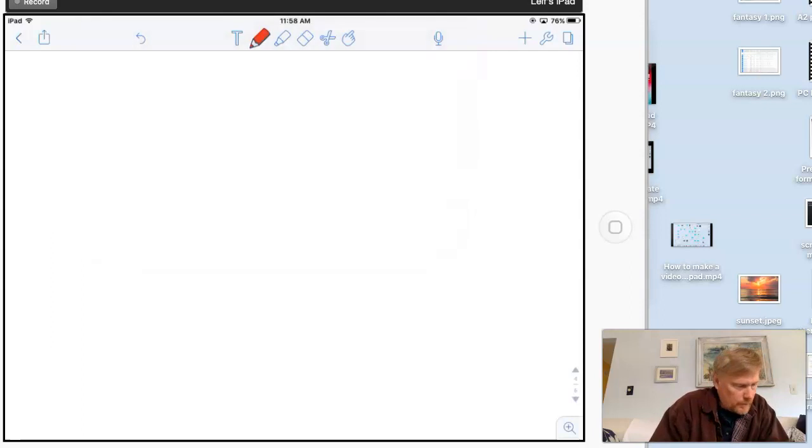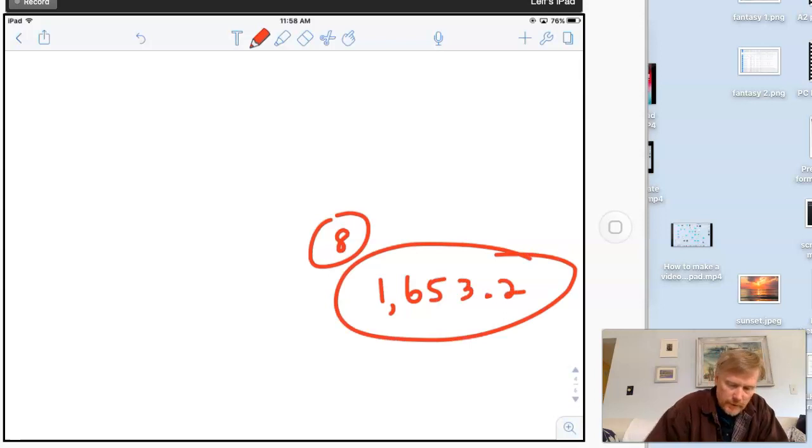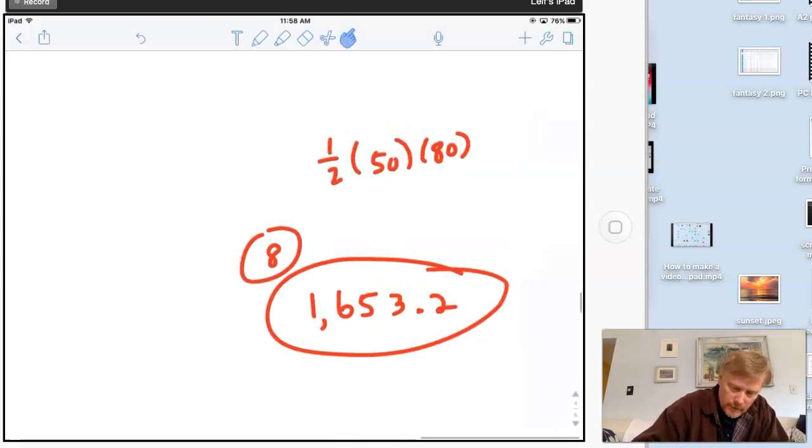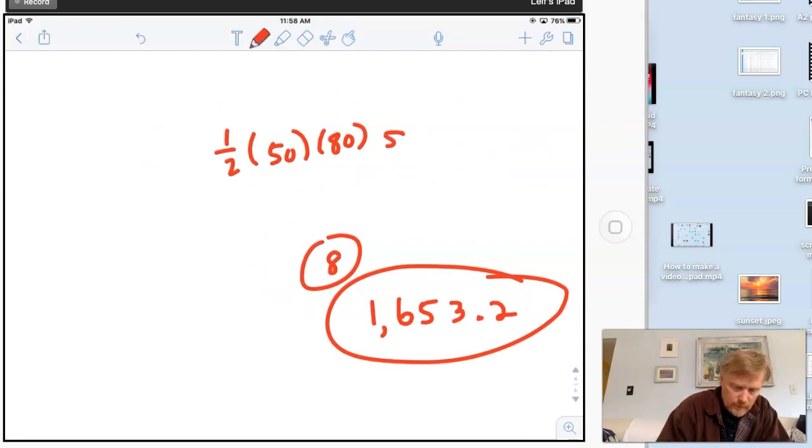The answer to the You Try number 8 should have been 1,653.2, if you did that correctly: 1/2 times 50 times 80 times the sine of 55.75. Okay.